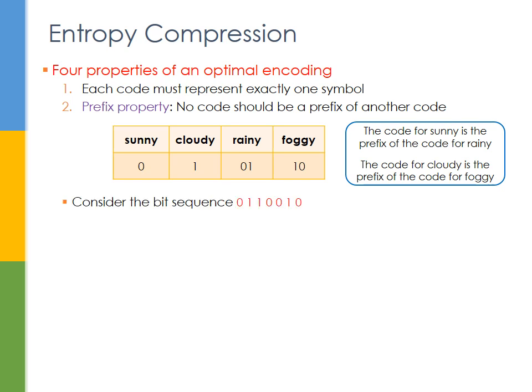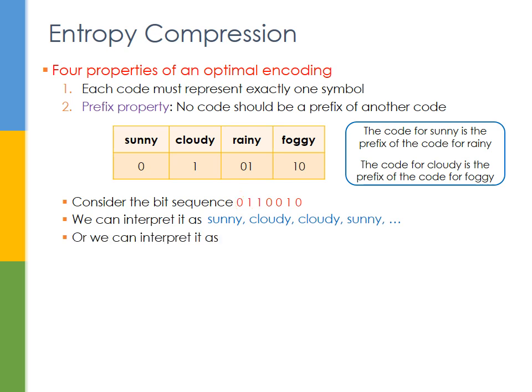If we look at this encoding and interpret this bit sequence, 0, 1, 1, 0, 0, 1, 0, we could interpret it as 0, which is the code for sunny, then 1, which is the code for cloudy, followed by 1, which is again the code for cloudy, and then 0, which is the code for sunny.